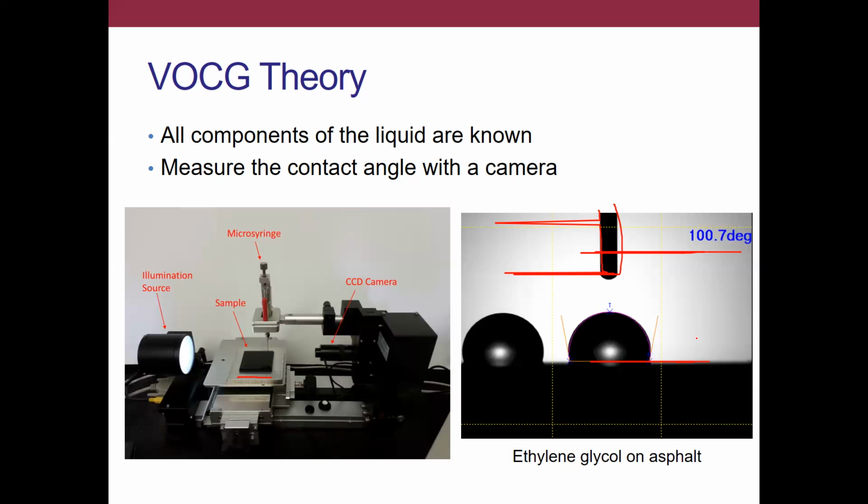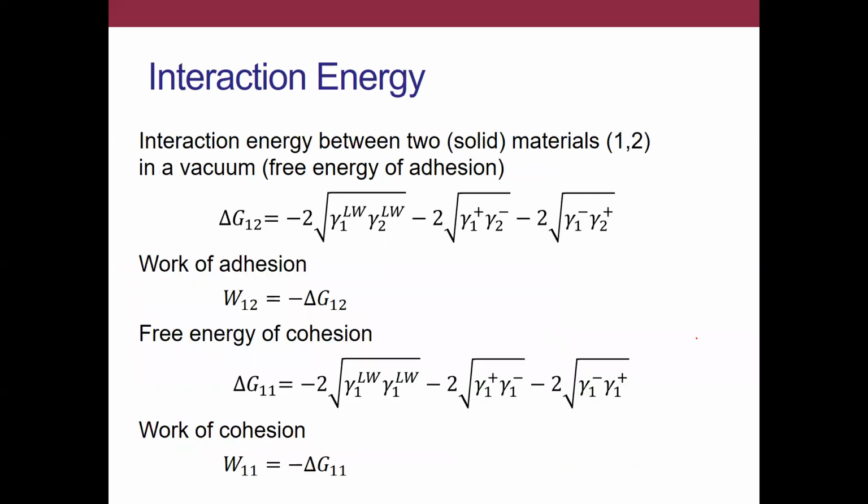So once we have those three equations, we solve for our three unknowns, and then we can go through and calculate some additional properties here. So just a number of different equations. Based on knowing the properties of the two solids, in this case solids 1 and 2, asphalt, and then we measure this as well for hydrated cement, we can now calculate what the theoretical energy of interaction would be between those two solids.